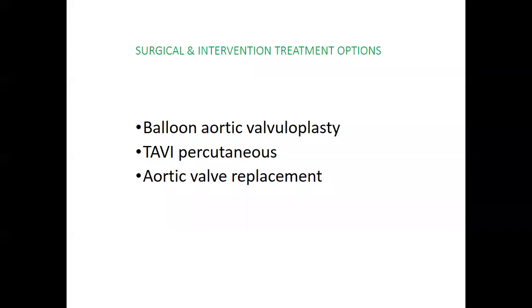Those patients who are candidates for surgery, definitely aortic valve replacement is the choice for these patients. There are different indications for balloon aortic valvuloplasty, for TAVI, and for aortic valve replacement. But for patients who have severe symptoms, valvuloplasty and aortic valve replacement are the choice of treatment.